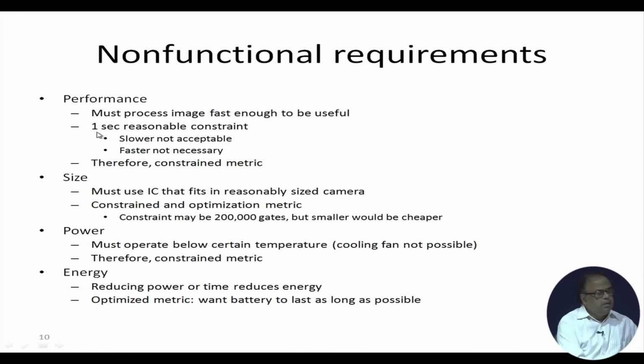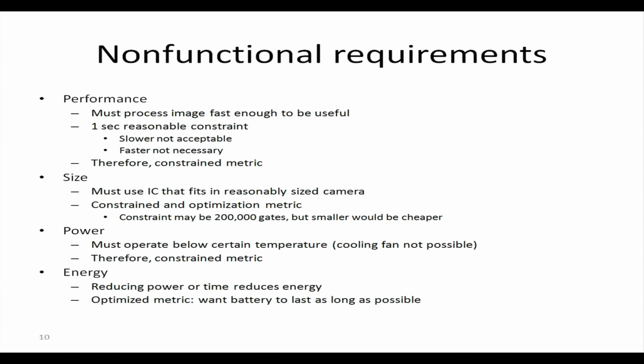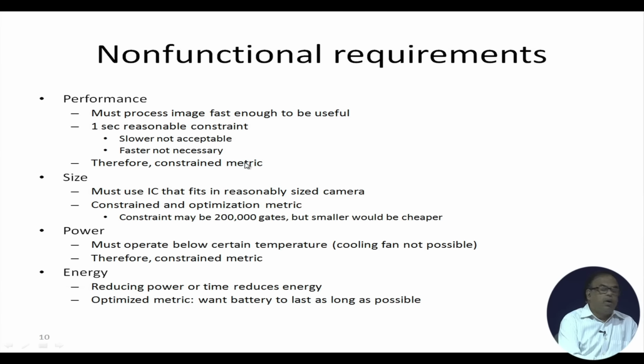The customer or the marketing group tells me that 1 second should be a reasonable constraint. Okay? Slower is not acceptable, faster is not necessary for say low end products. I do not need any faster thing. Therefore, it is a constraint metric, it is constrained. You can make it less than 1 second, but need not. Okay? But more than 1 second is not allowed.